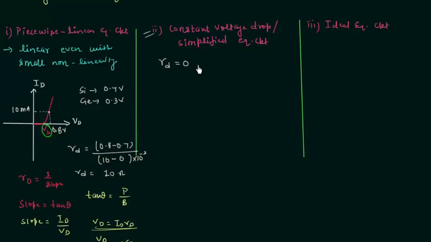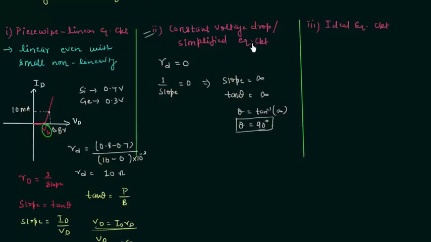When Rd is equal to 0 it means 1 by slope is equal to 0, or we can say that slope is equal to infinity, and slope is equal to tan theta. So tan theta is equal to infinity, theta is equal to tan inverse infinity, or theta is simply 90 degree. So in case of constant voltage drop model, we have theta equal to 90 degree. This is theta, and in this case it is equal to 90 degree.